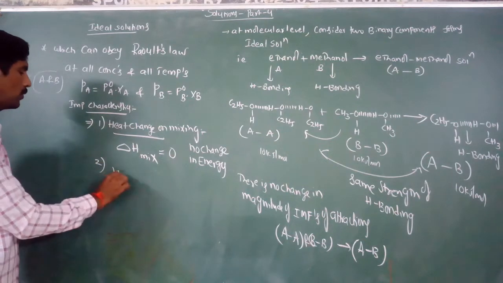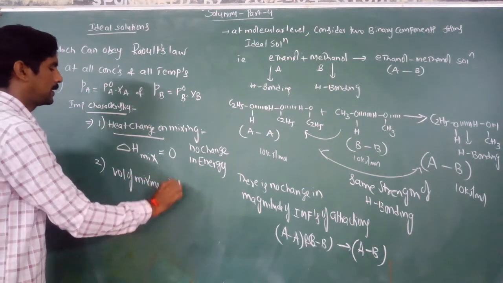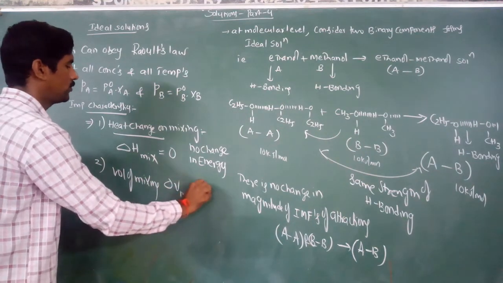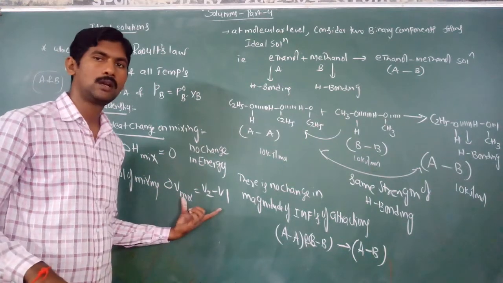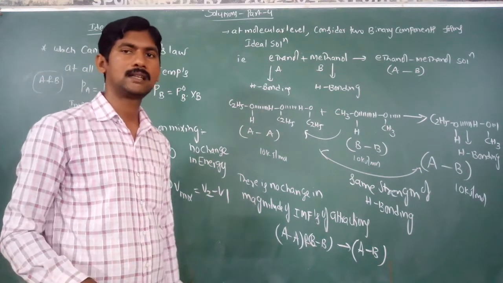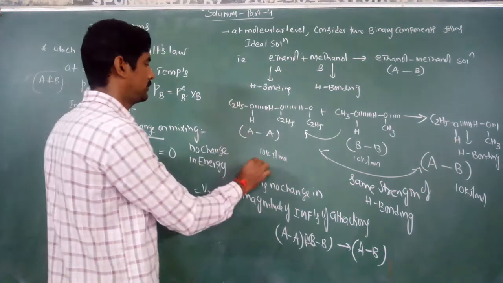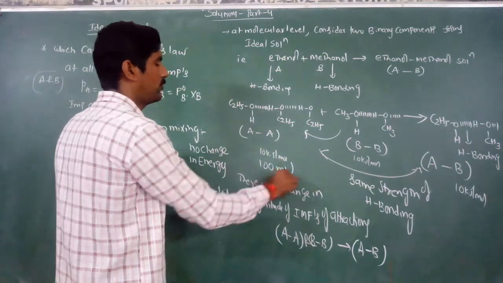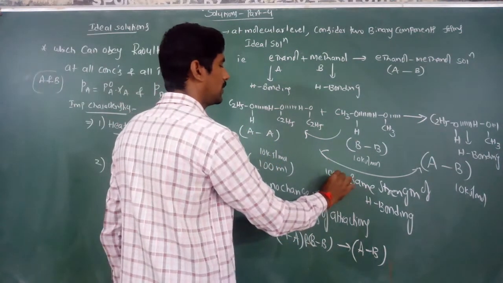And the second one, volume of mixing. Delta V mixing is equal to V2 minus V1. V2 is after mixing, V1 is before mixing. For example, here 100 ml of ethanol and 100 ml of methanol.